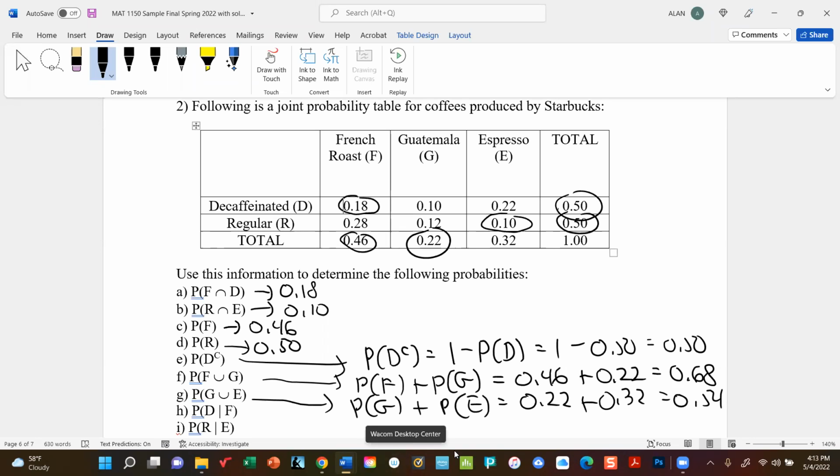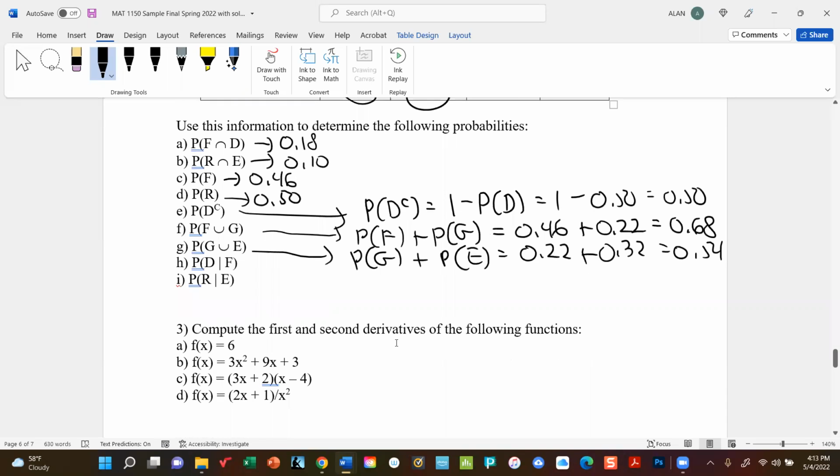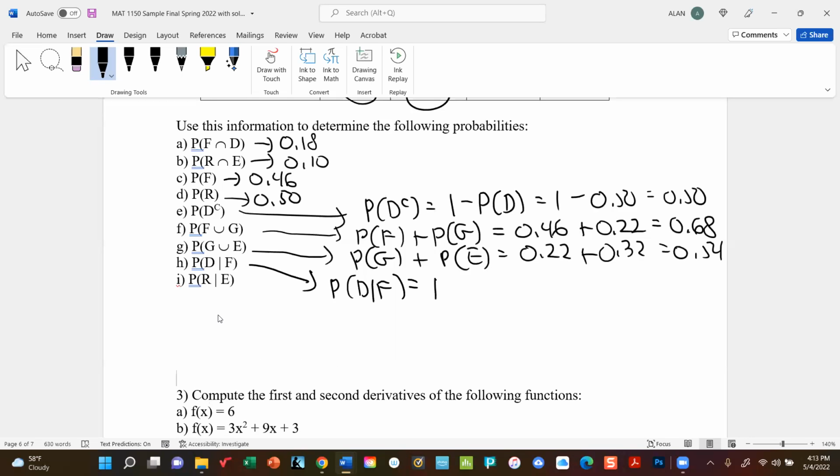And then these last two are just what we saw earlier. These are conditional probabilities. The definition of a conditional probability, again, is that you have the joint probability of both of them divided by the probability of just this expression.